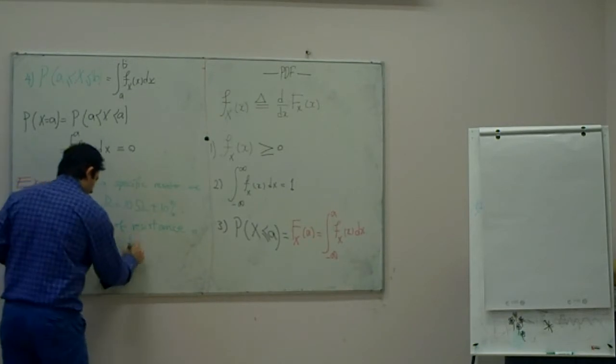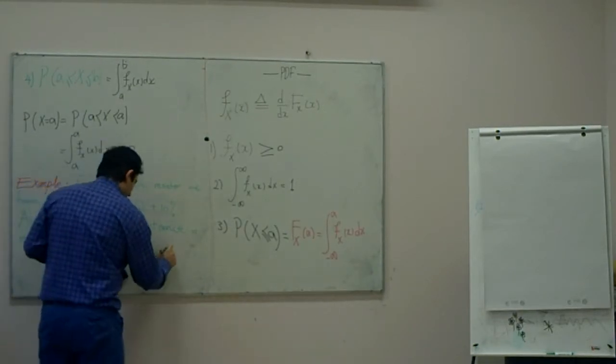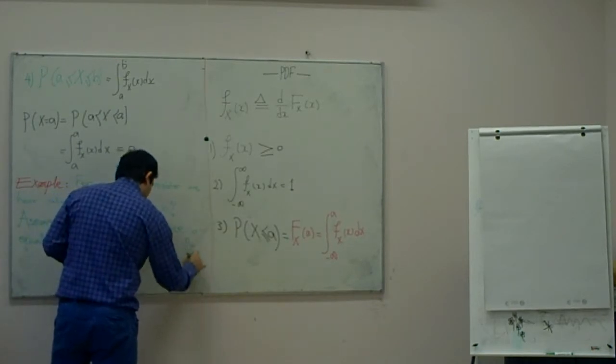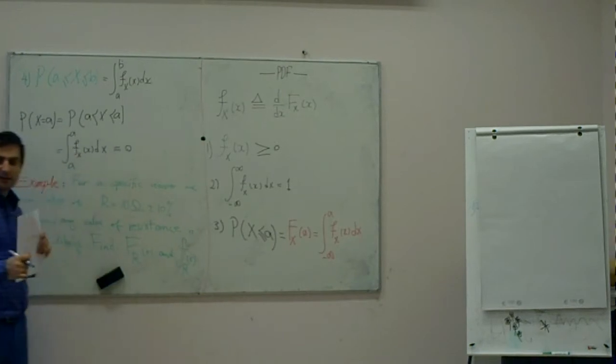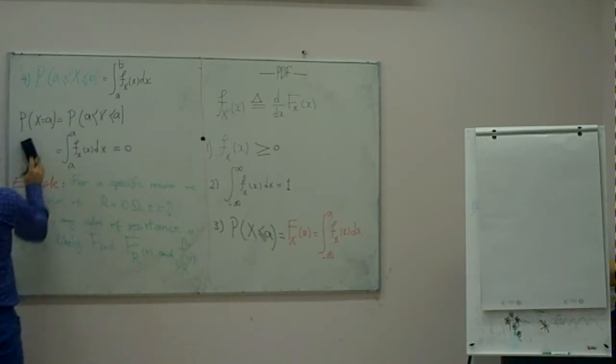Find capital F_R of r and lowercase f_R of r, in other words, the cumulative distribution function for the resistor and the probability distribution function for the resistor.